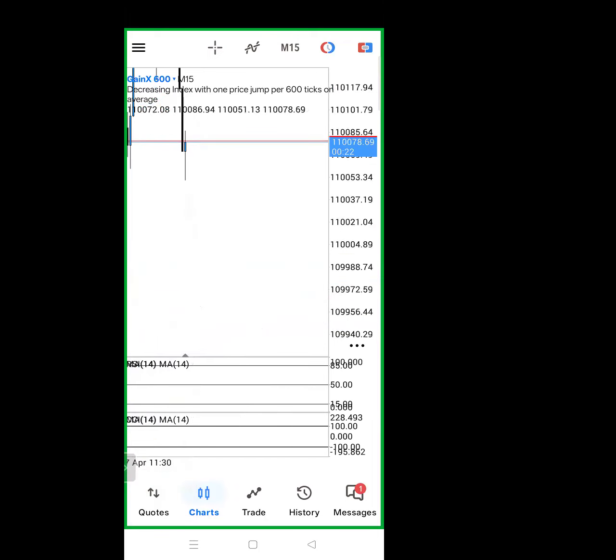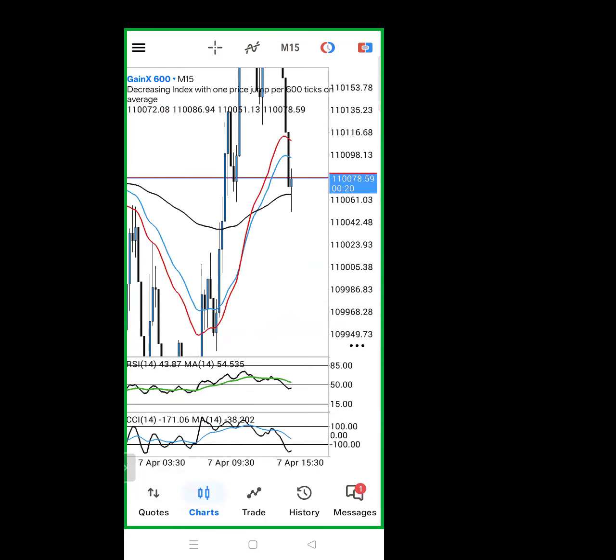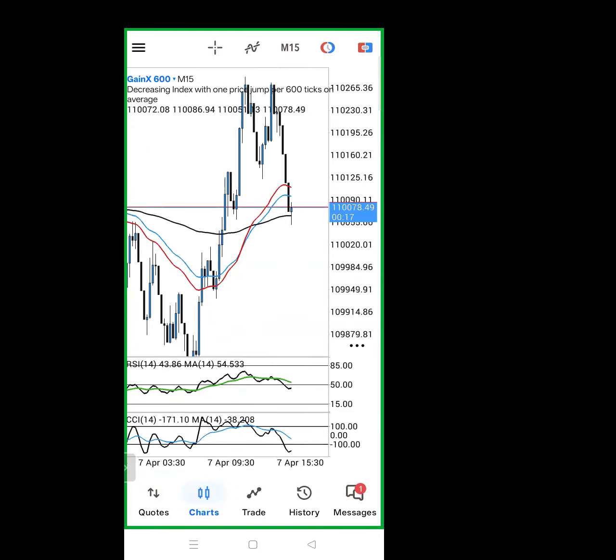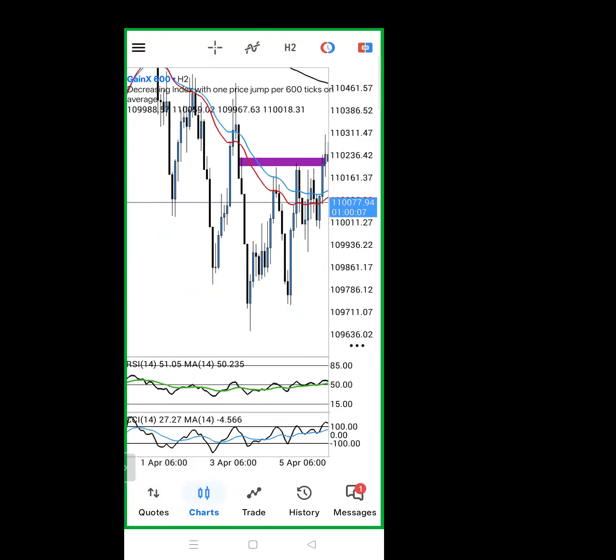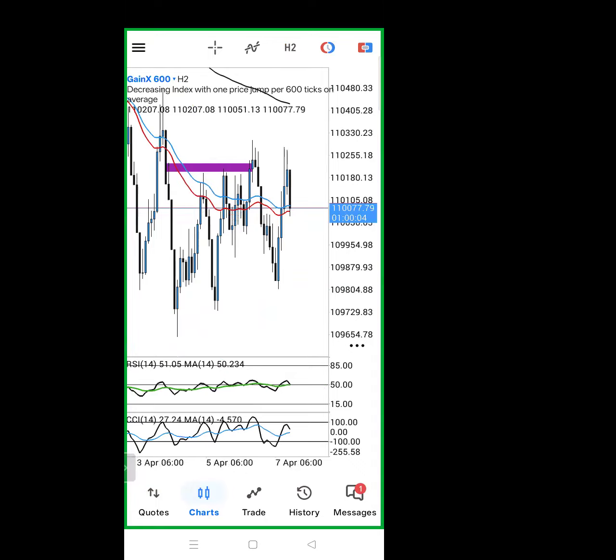So let's see G6. On G6, the market is rejecting the 200 moving average. But let me see 1 hour, 2 hours. This one is looking up.